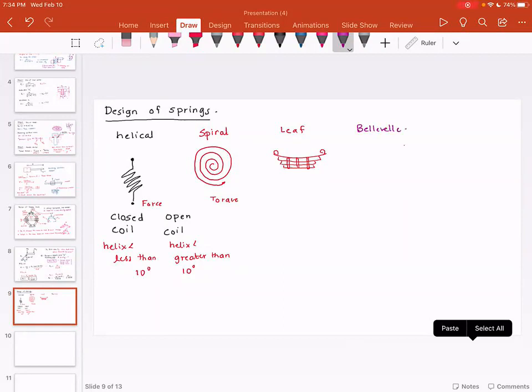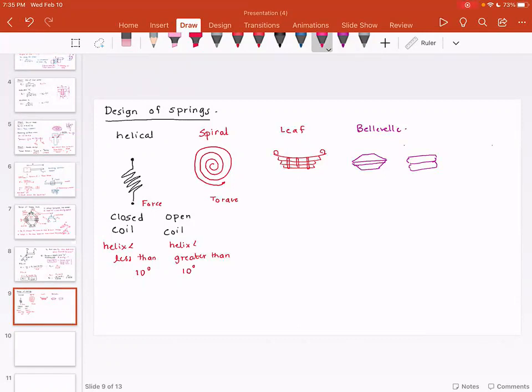These are sort of like bellows or air springs. Probably you have seen the cars with adjustable suspensions, or you might have seen cars or trucks with air springs. So you have springs that are a little bit differently shaped.